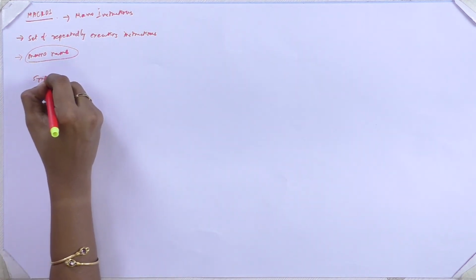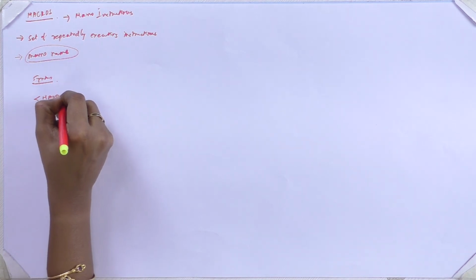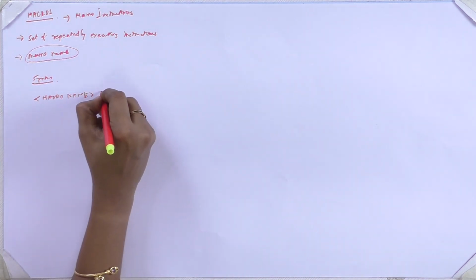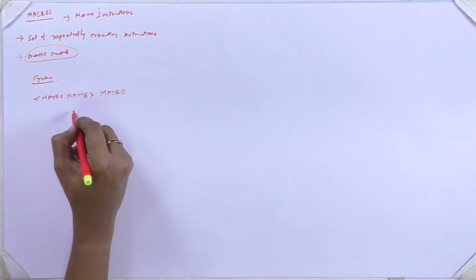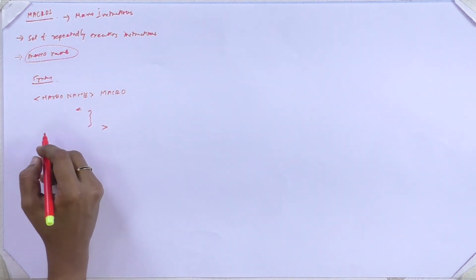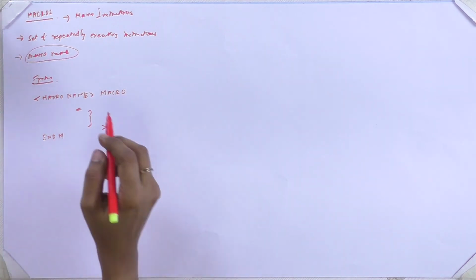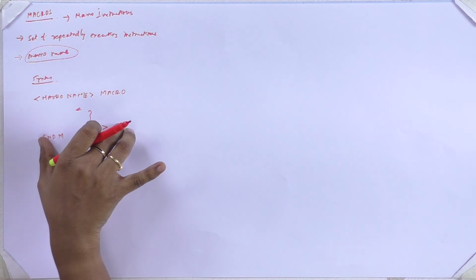The syntax for defining a macro is: macro name, that is the user name, then MACRO is the keyword, and here comes the program. Then it should end with the keyword ENDM. So this is the syntax for defining a macro.